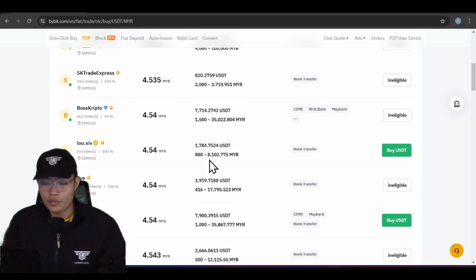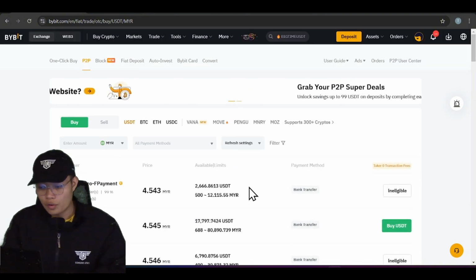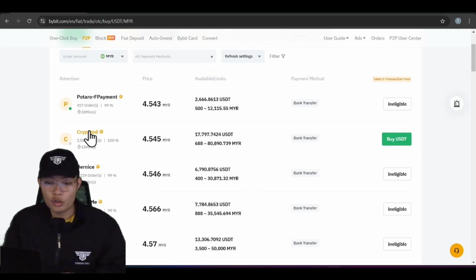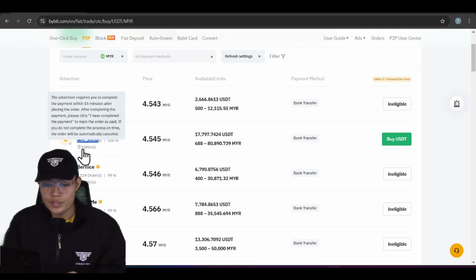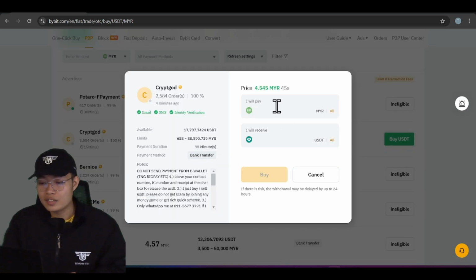For example, if I want to go for a different rate, this seller has 2,000 orders and a 100% completion rate, and the average transaction time is around 15 minutes. I want to go for this one, so you can just click buy USDT, and then you will get a quote.